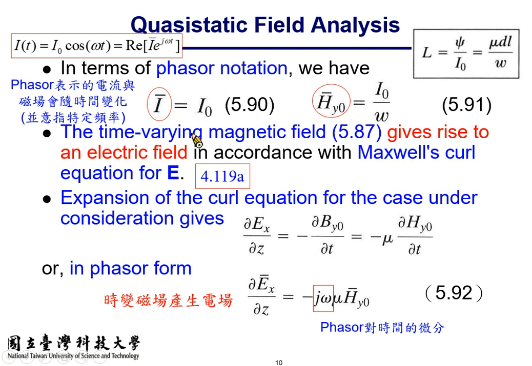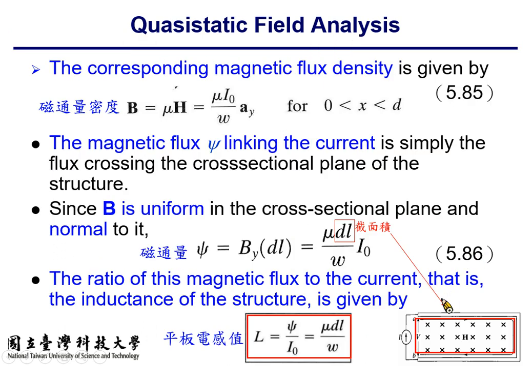It seems I missed a negative sign. Okay, so this is a simplified expression because we don't have the del Ez over del x term. Because in this structure, you have the Hy term.